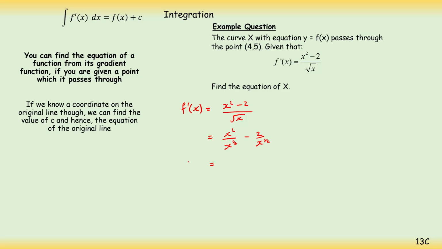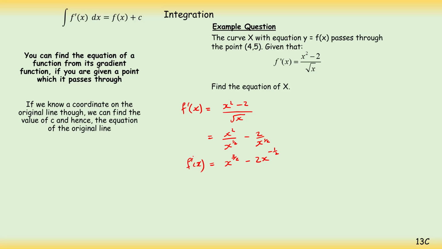Simplifying, we subtract the indices, so 2 minus a half leaves us with x to the power of 3 over 2, minus 2x to the power of minus a half.